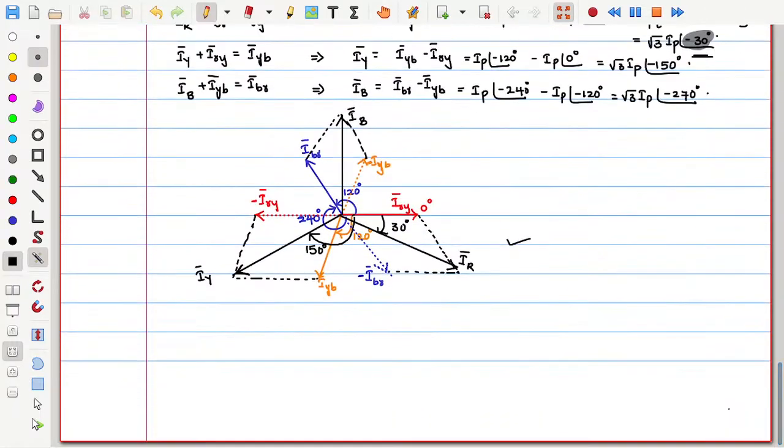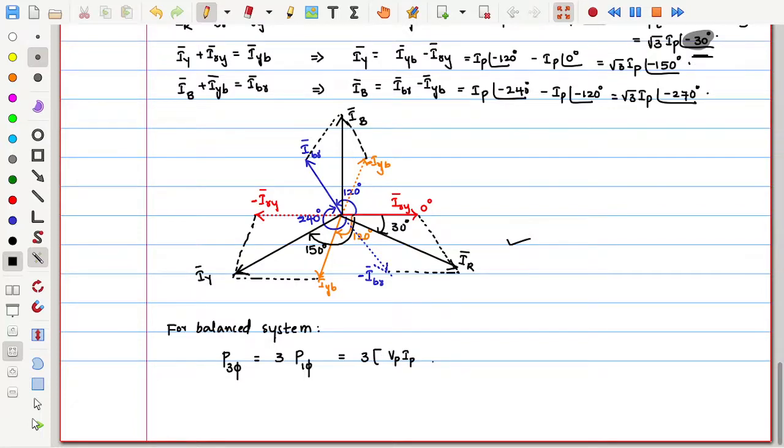So for a balanced system, the three phase power is equal to 3 times the single phase power, which is 3 times the single phase voltage magnitude into the phase current magnitude.